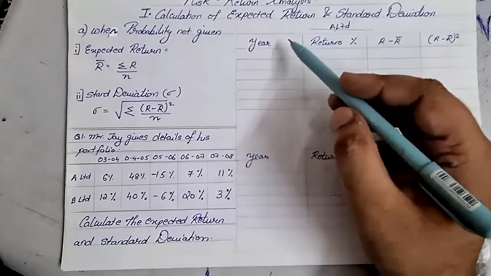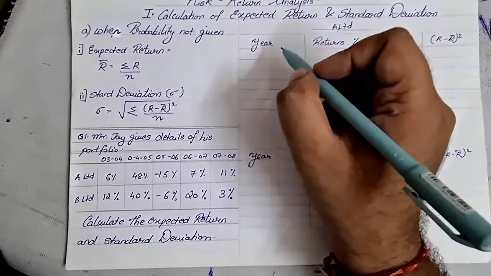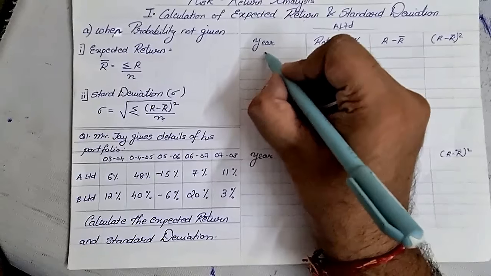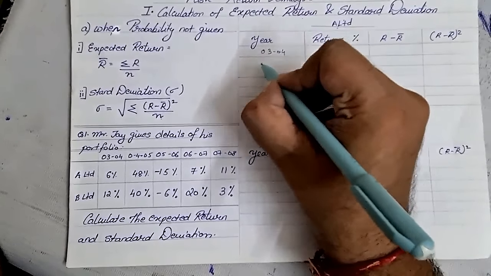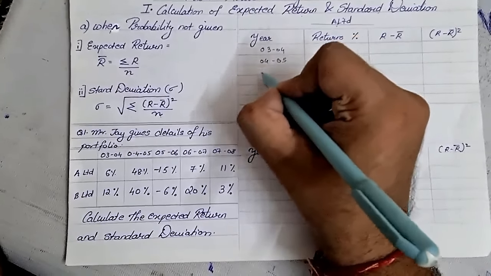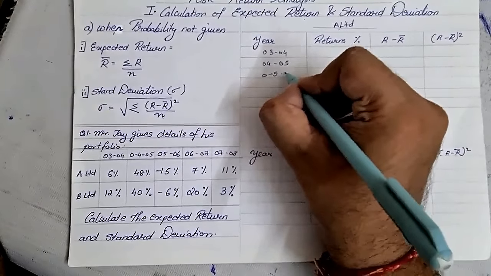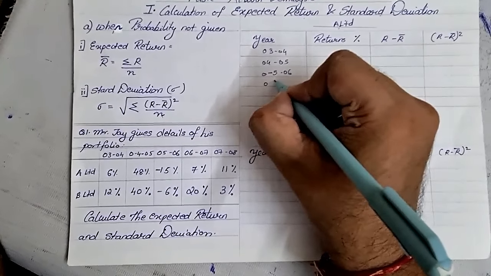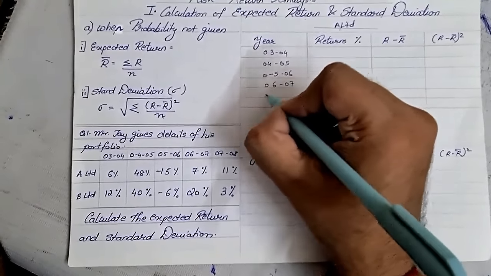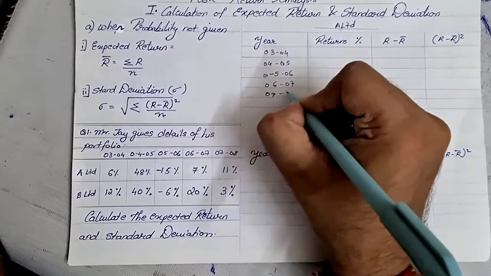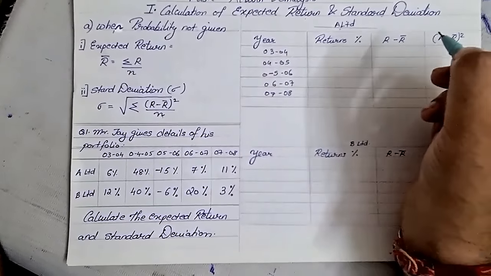Okay, now the columns will be years. So under years we will note down 2003, 2004, 2004, 2005, 2005, 2006, 2006, 2007, and last will be 2007 to 2008.